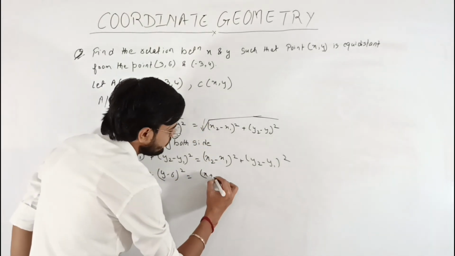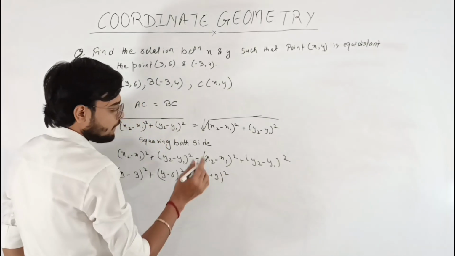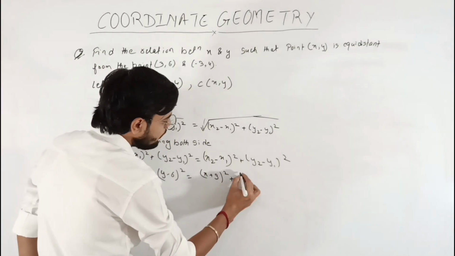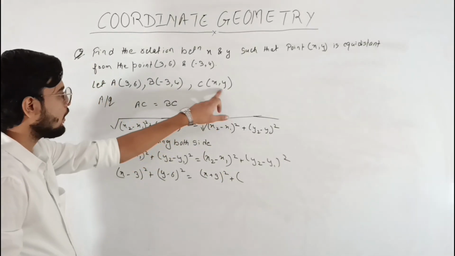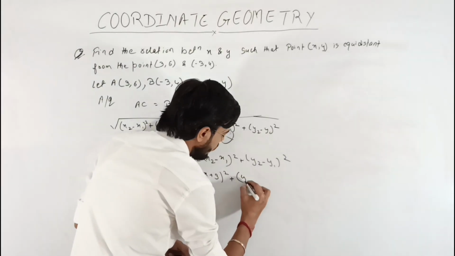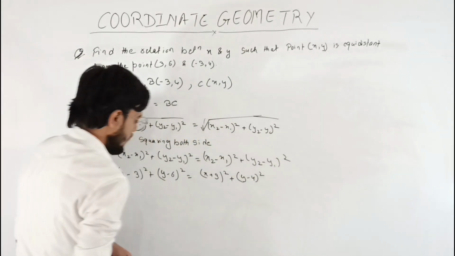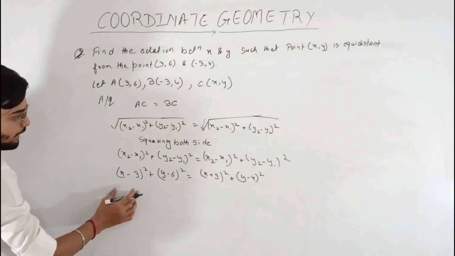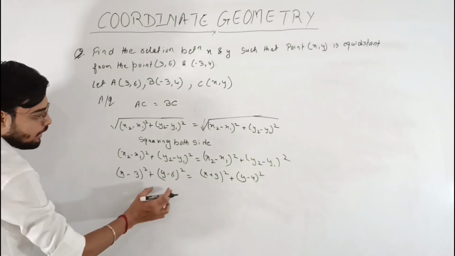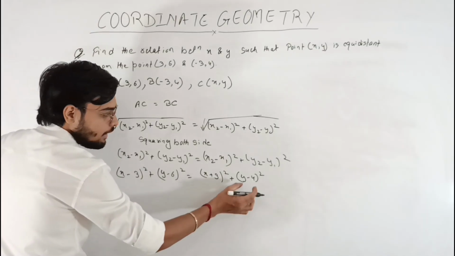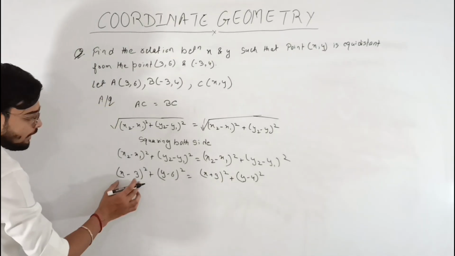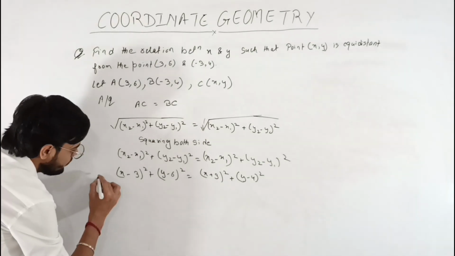So x plus 3 square, plus y2 is y and y1 is 4, so y minus 4 square. Now calculate this. This is again a minus b whole square, a plus b whole square, a minus b whole square. Now the a minus b whole square is what?